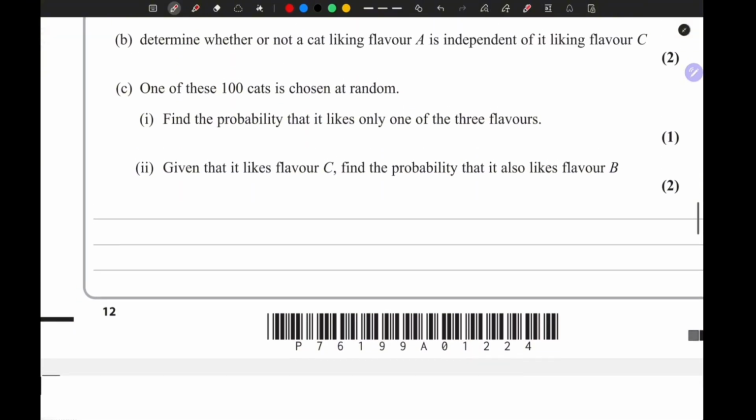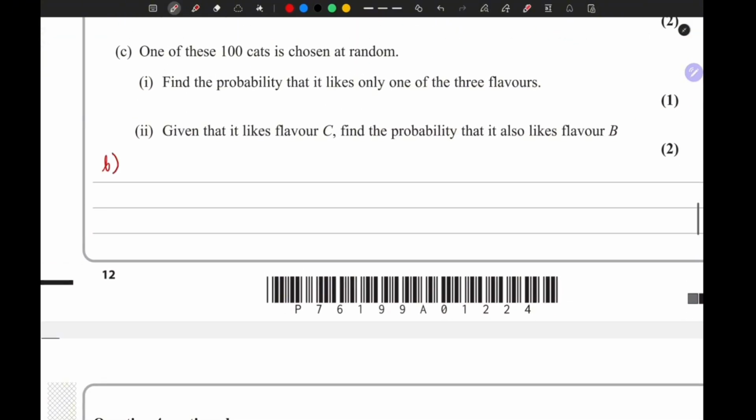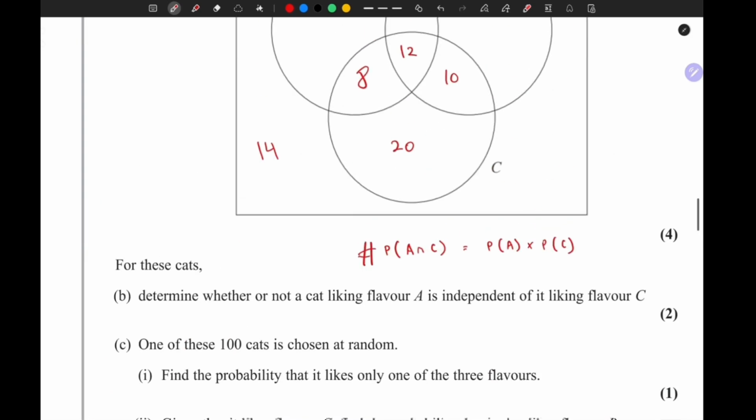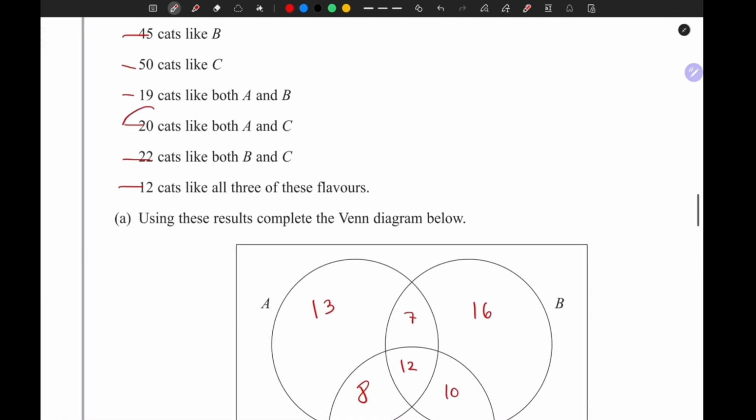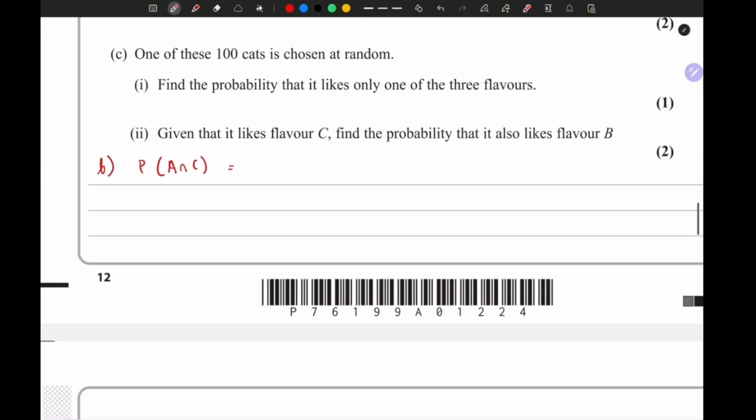So let's first find the probability of A intersection C. A intersection C is 20 and the total number of cats is 100. So it's 20 over 100.